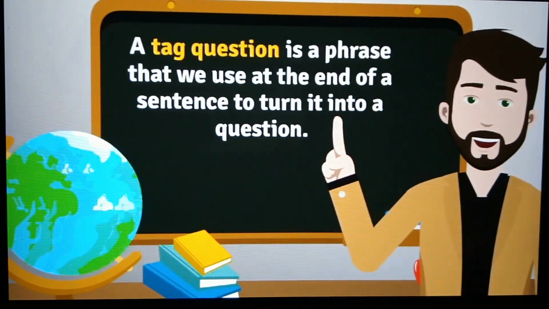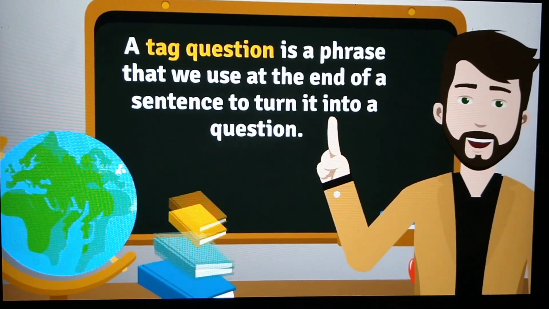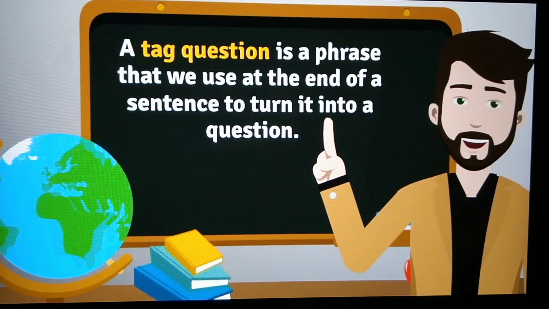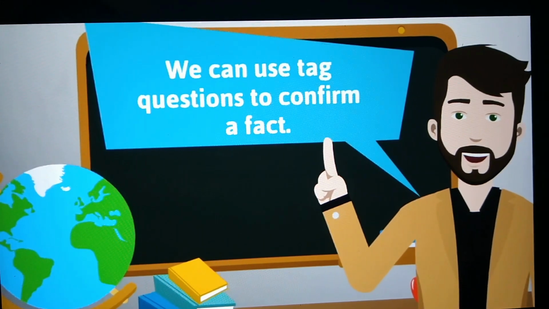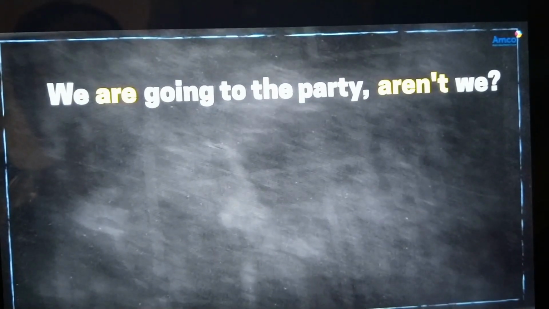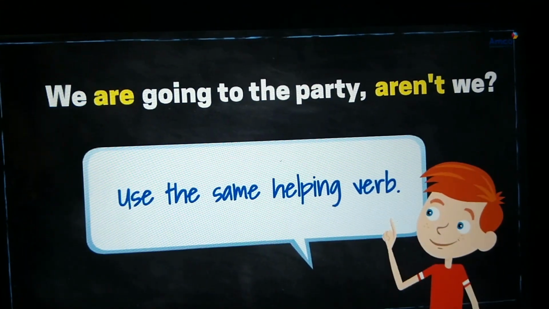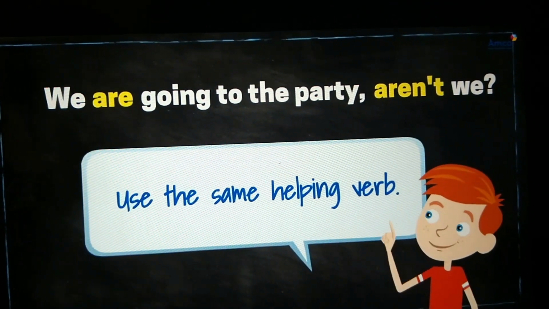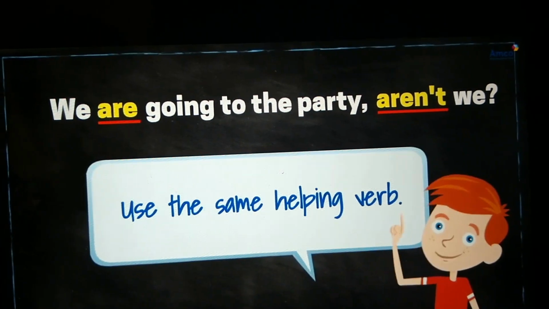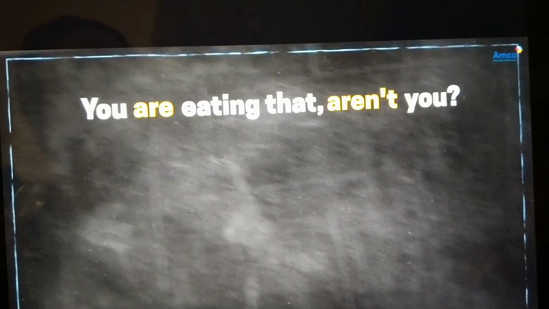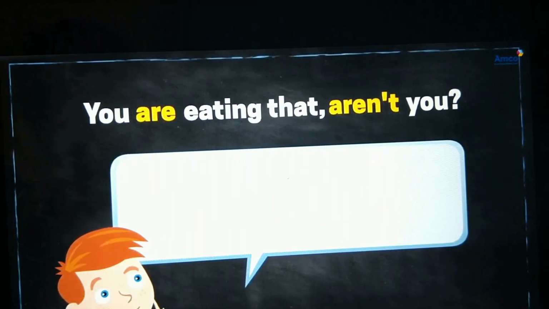A tag question is a phrase that we use at the end of a sentence to turn it into a question. We can use tag questions to confirm a fact. We are going to the party, aren't we? Use the same helping verb. You are eating that, aren't you?